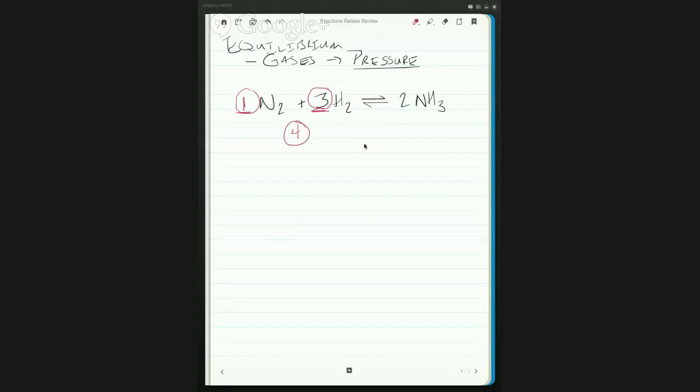That's 4 molecules. On the right side, we have 2. Okay, so if we have the situation, this is not the teeter-totter model, okay? This is just a straight up, like wherever the pressure pushes this reaction, that's where it goes, okay?